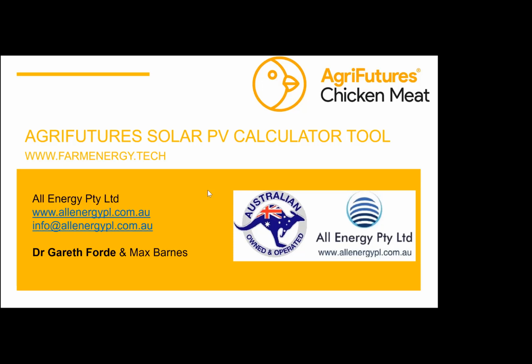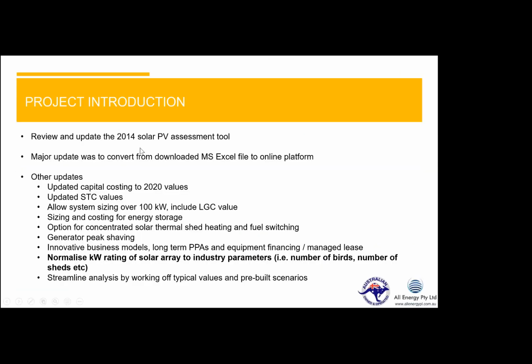We're talking about the project to update the 2014 solar PV assessment tool, and we migrated that from a downloadable Excel file to a more user-friendly online platform. One of the innovations that we aimed to bring in was to normalise around business metrics important for the broiler industry, designing and trying to automate the design of those PV solar arrays.